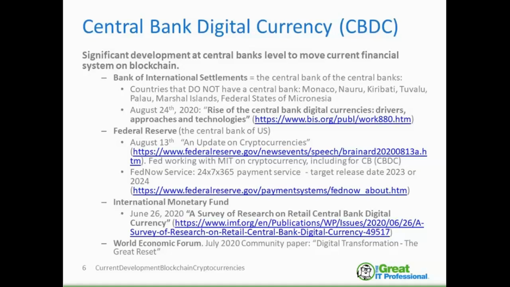Again, this is a major development. We want to be aware that this is going on. Even more, there is this trademark of the FedNow service, a payment service that will be available 24/7 at all times. If we look in the paper, the release date is 2023 or 2024, which may suggest that there is time, we still are at the beginning of this. I check a box in my head that, okay, they are doing this.